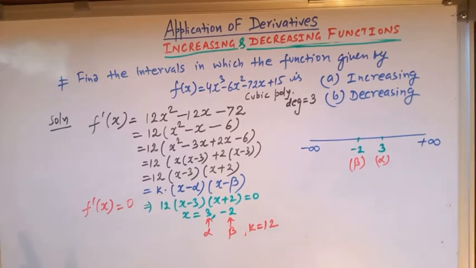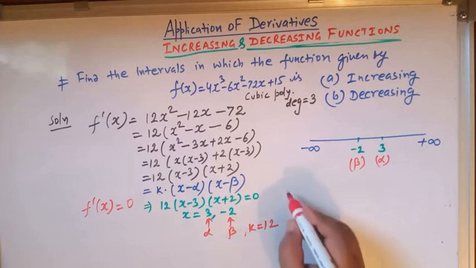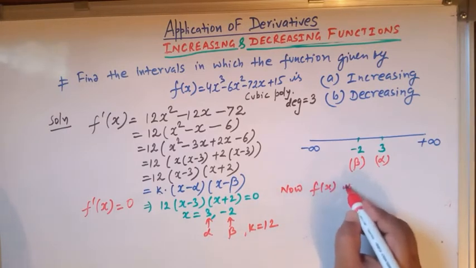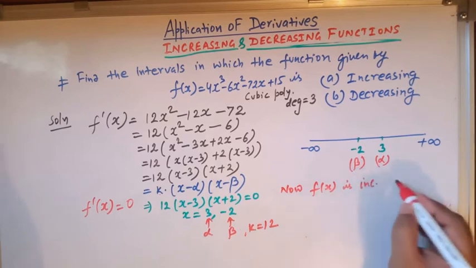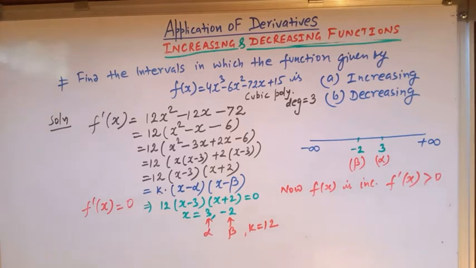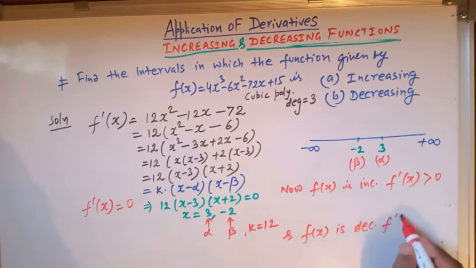Now f(x) is said to be an increasing function if the derivative is greater than 0, and f(x) is said to be a decreasing function if f dash x is less than 0.